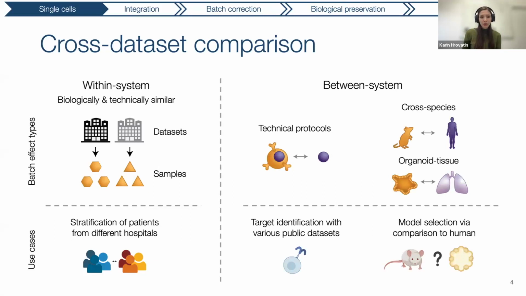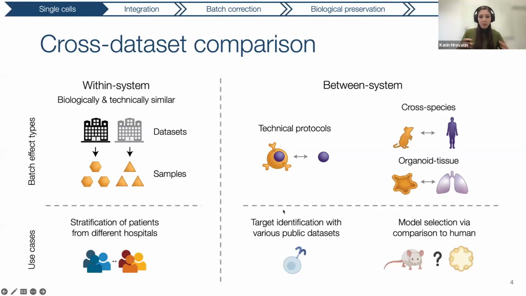On the other hand, there are also data sets that have much stronger biological and technical differences. For example, if you wanted to use public data sets for target identification, which is a very promising strategy because there are a lot of public data sets measuring different drugs, different genetic mutations, and different diseases, we are at the same time faced with the challenge that those data sets were generated with different technologies, for example, single cell and single nuclei sequencing, or were generated in different model organisms or with different in vitro models such as cell lines or organoids.